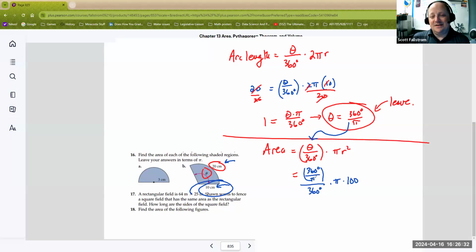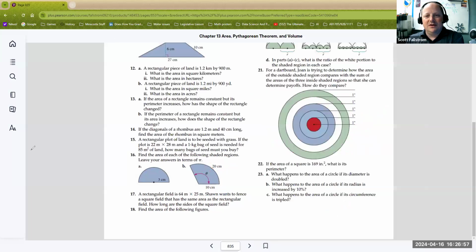Now take a look, 360 divided by pi, but then I multiply by pi. Those are gone. And 360 divided by 360 gives you 1, so the answer turns out to be 100. Kind of a cool problem. We didn't actually ever compute what the angle was in terms of a decimal number, but we didn't need to. And that's always kind of cool, at least to me.